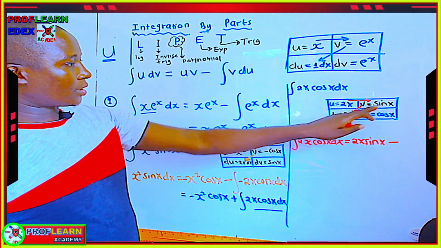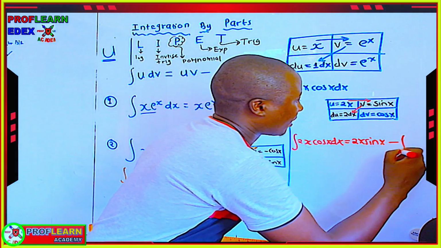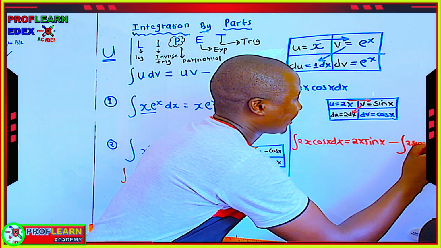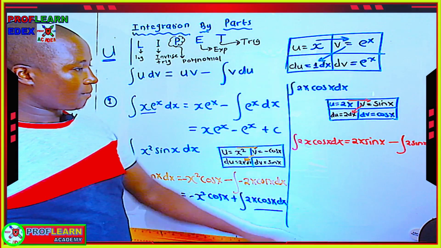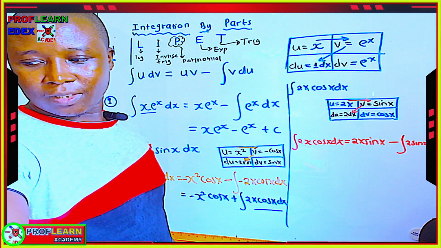So it will be this times this, minus the integral of 2 sine x dx. 2 sine x dx is our term at this given point.